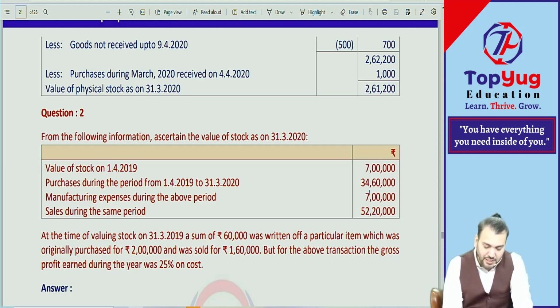Purchase during the year is 34 lakh 60,000. Manufacturing expense, sales during the year.